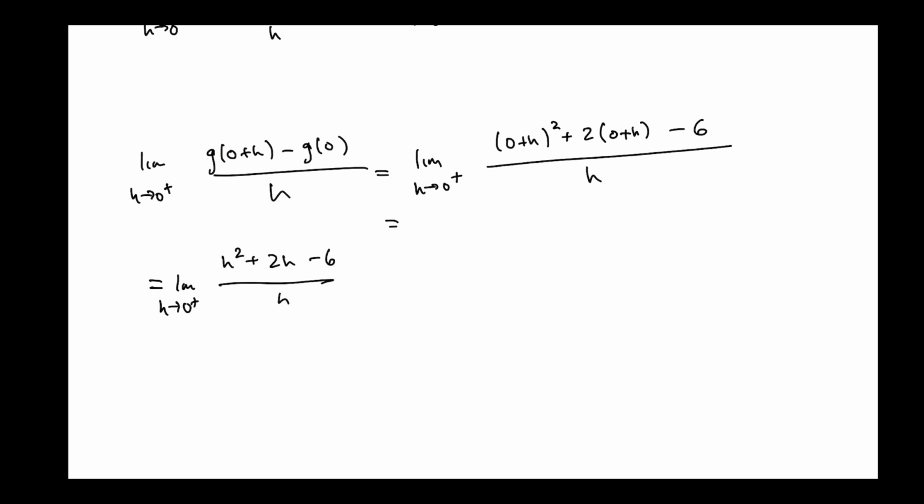Now, how do I know that this limit does not exist? I can't get rid of this h that's in the bottom, right? Now, I could split the fraction up, and it's this term that's the problem. What's wrong?